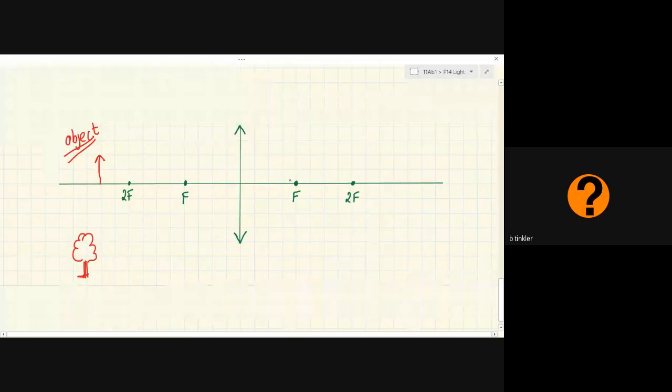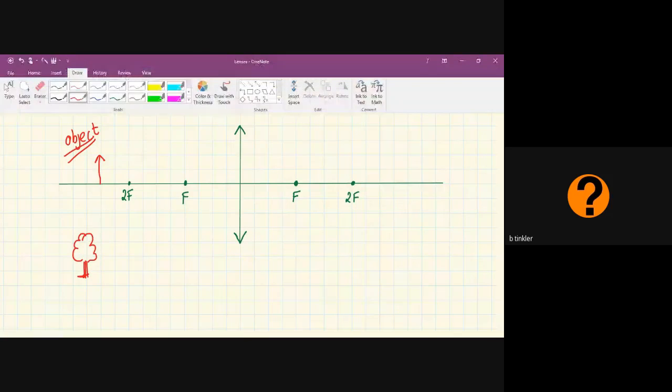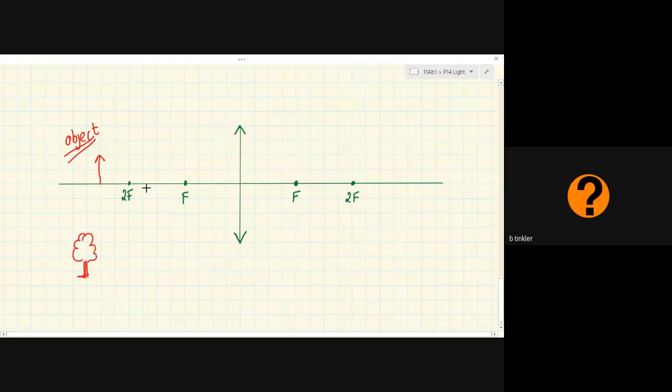Here's my lens. I know my lens is going to bring light to a point. We draw a straight line to the lens. It's a bit wonky. And we know that this is a convex lens, so it's converging.